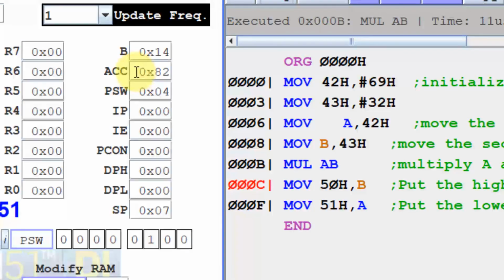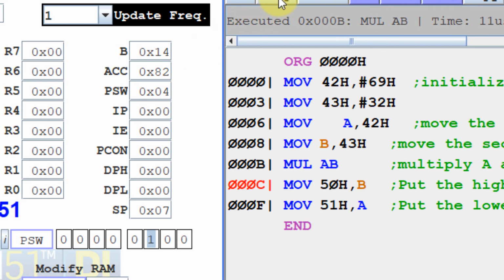You find that the lower order byte is 82H and the higher order byte is 14. So 82 is the lower order byte of the multiplication, and 14 is the higher order byte. The result is a 16-bit number, and you find that the overflow flag has become 1, indicating that the multiplication has resulted in a 16-bit result.